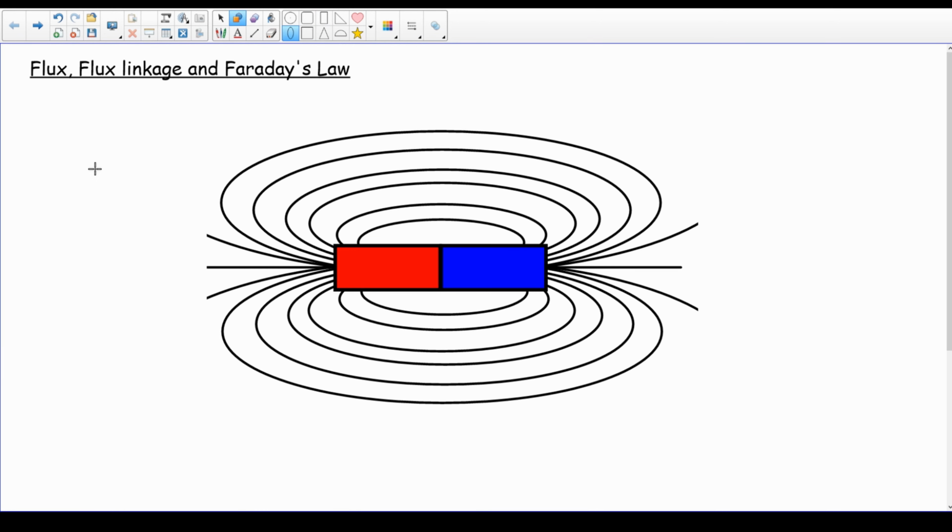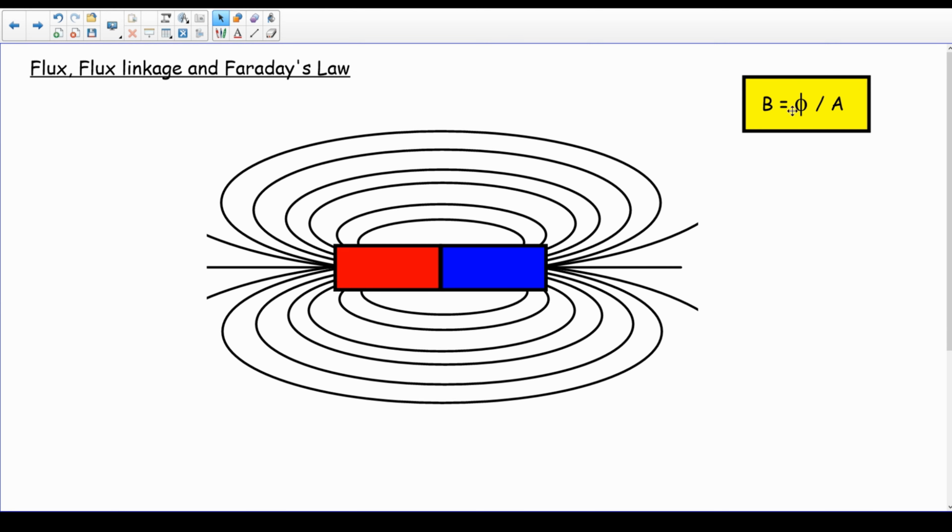So if I had, say, a little circle, let's fill it in, and I placed it at particular points, then the magnetic field strength at that point would be equal to the number of field lines, or the amount of magnetic field lines that would travel through that circle. And this is why your magnetic field gets weaker at certain points and is stronger at other points. Okay, this was magnetic field strength.